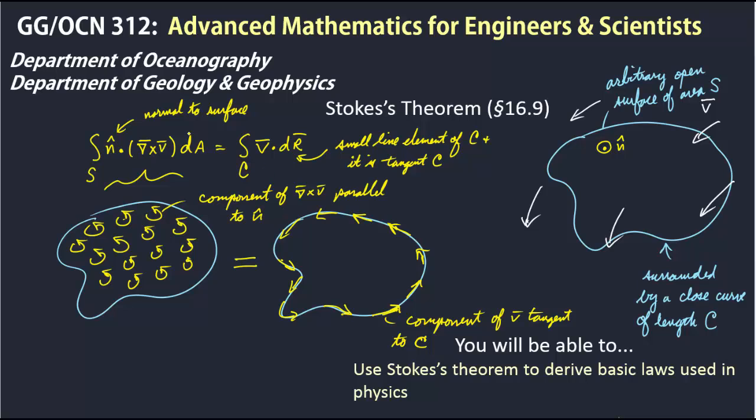For the rest of the video, I'll derive Stokes' theorem, and in so doing, hopefully provide a little insight for why these two relate. And your objective in your homework problems will be to use Stokes' theorem to derive some basic laws in physics.